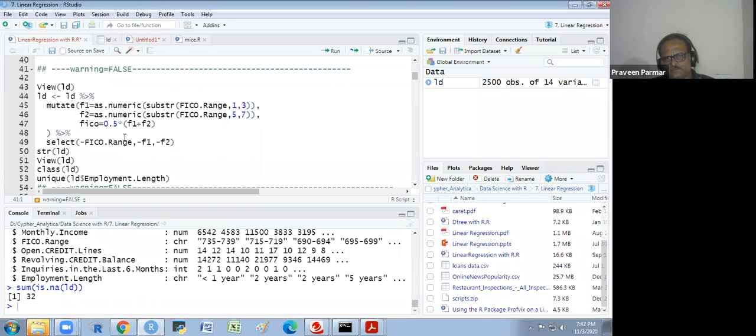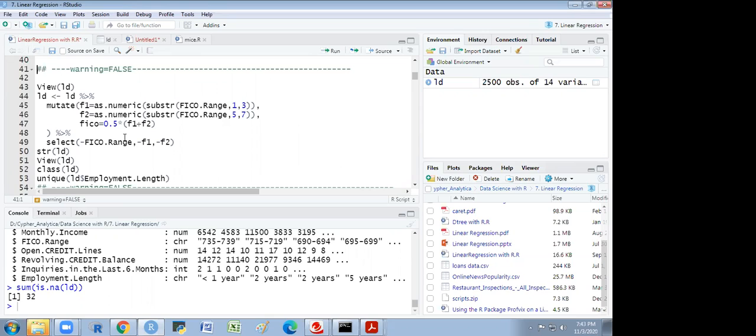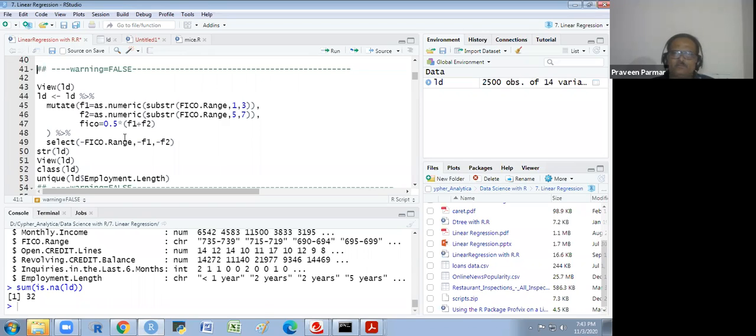Imputation of missing values, whatever you are doing, should be done after partition of the data, not before partition of the data. That is a very important thing. Data wrangling is okay to do before the partition. Is it clear to all?